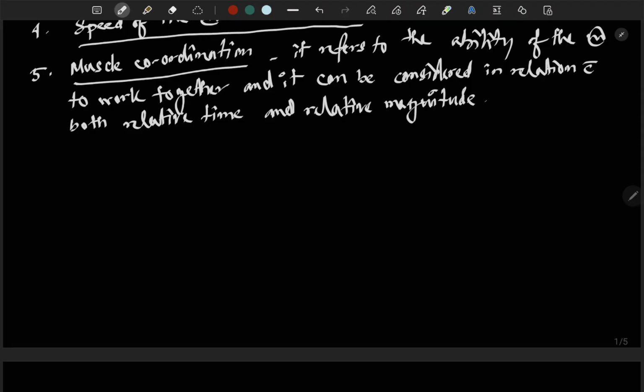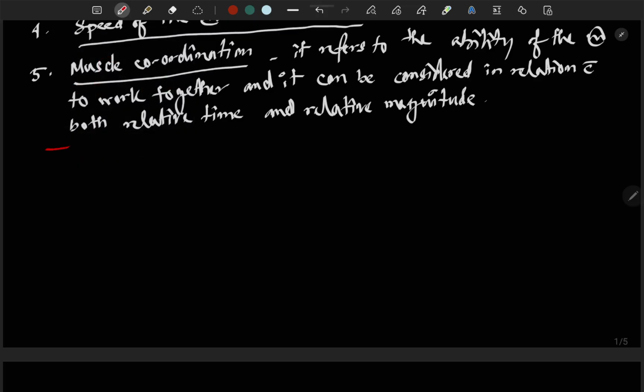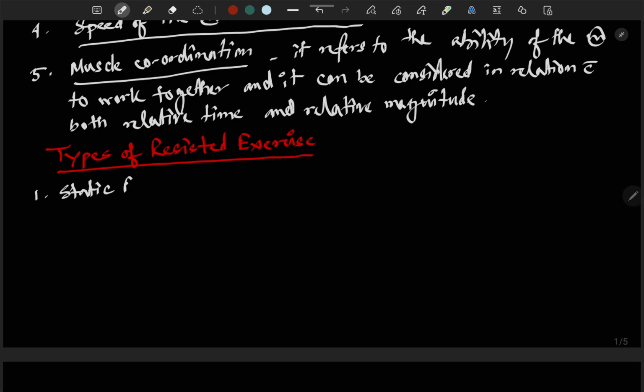Okay, so now for the types of resisted exercise. One is static exercise.